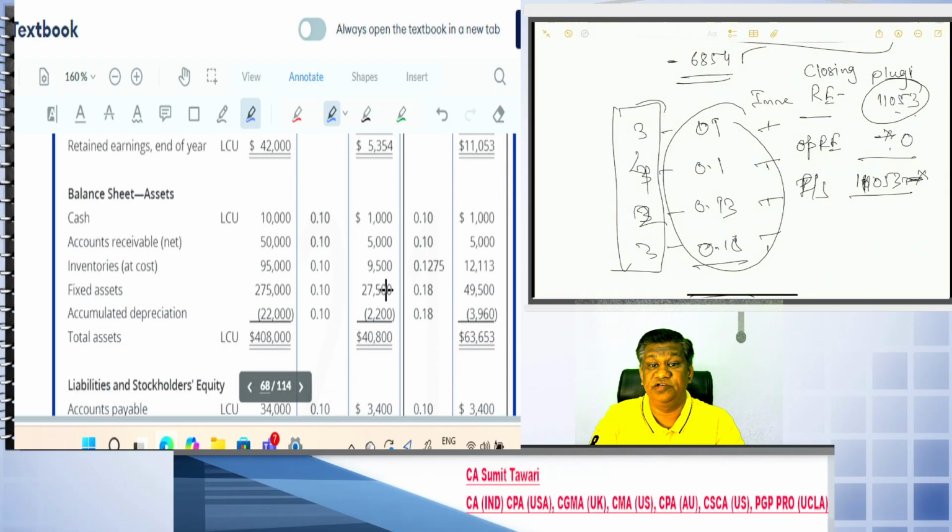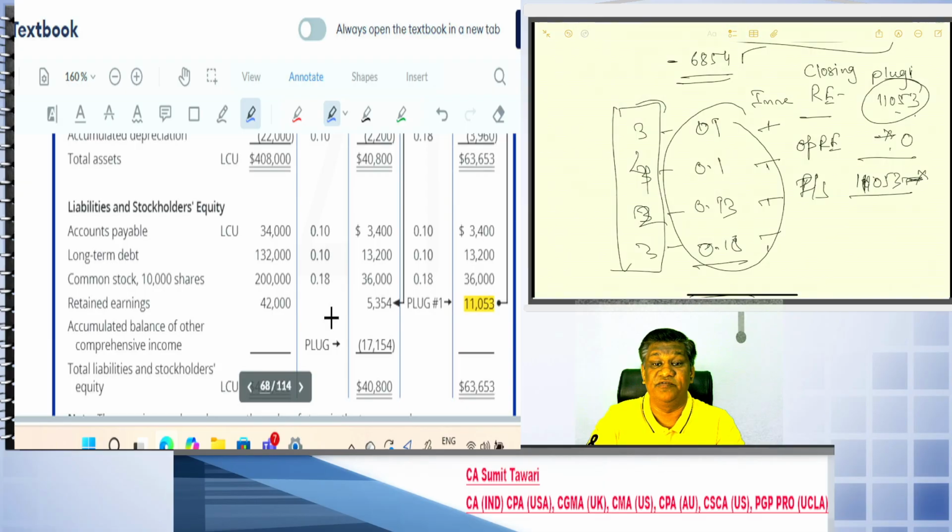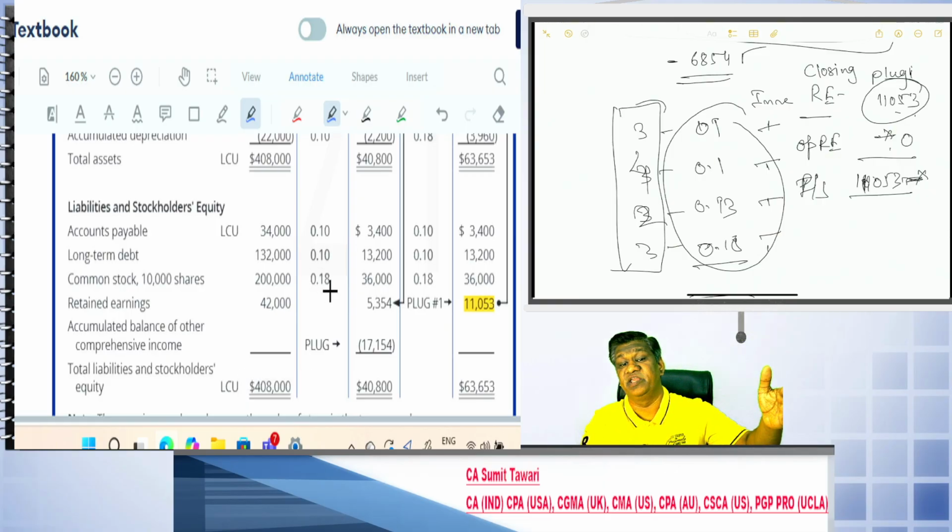In the balance sheet, for all assets and liabilities we mostly use the closing exchange rate. Only for the equity we use the historical exchange rate, meaning the rate applicable on the date the equity was issued. Because of that, there is a difference.